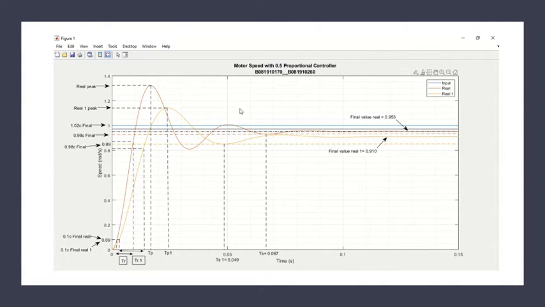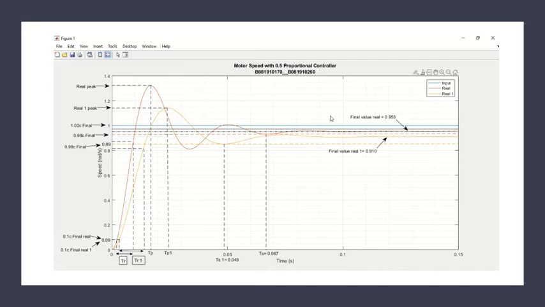So I name my graph 0.5 motor speed with proportional controller. Then I label time at the x-axis, and second, I put speed at the y-axis.